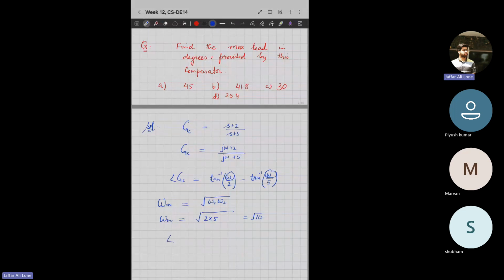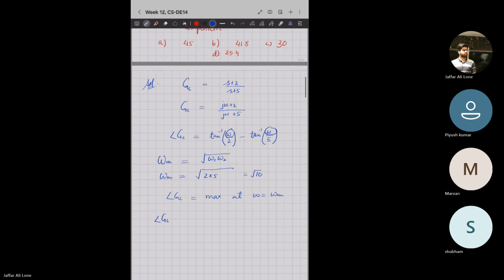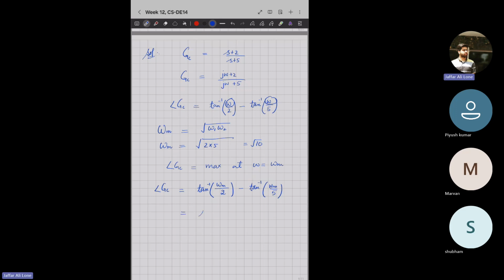It means my angle of GC is maximum at omega equal to omega m. So then my angle of GC is tan inverse of omega m by 2 minus tan inverse of omega m by 5, which is tan inverse of root 10 by 2 minus tan inverse of root 10 by 5.